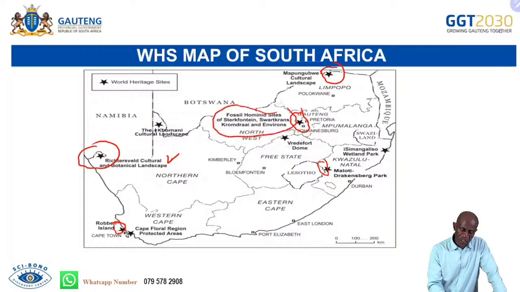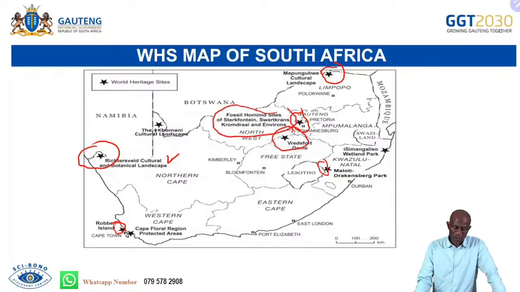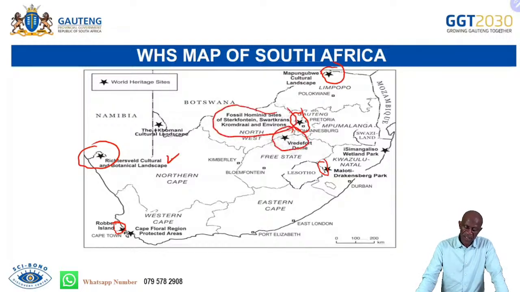In the Free State, you'll have the Vredefort Dome. Here is its location, and as you can see, like the fossil hominid sites, it's also shared between the Free State as well as the Northwest Province.